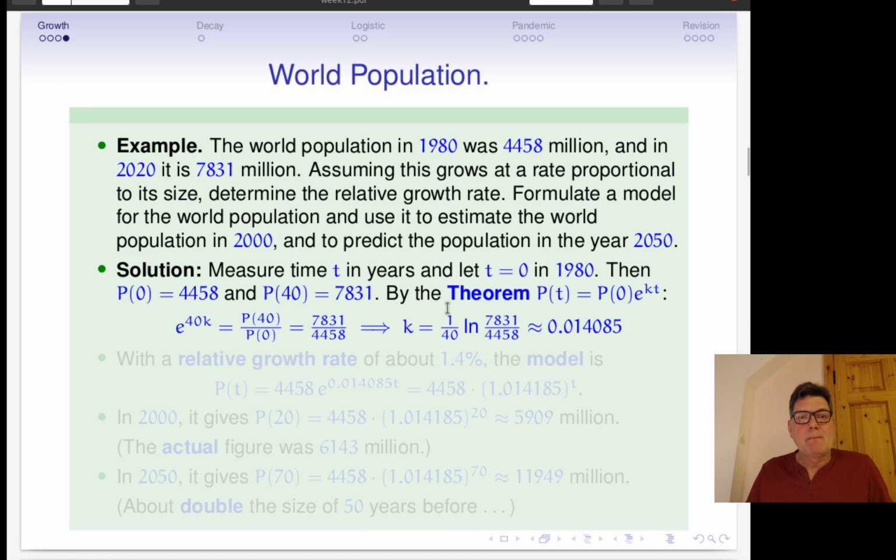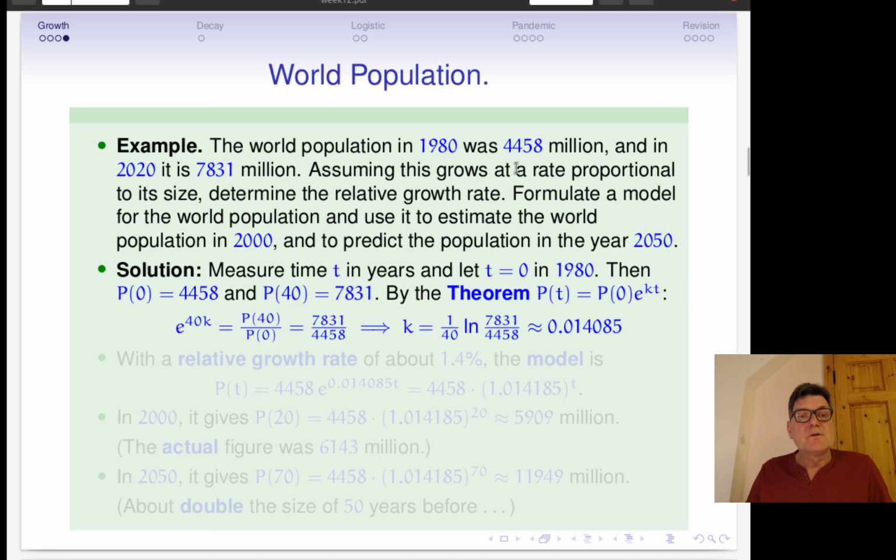Then, by the theorem we just saw, this exponential model is p of t is equal to p of 0, the initial value, times e to the kt. We're interested in finding the value of k, so let's substitute 40 into this equation. Then we have p of 40 is p of 0 times e to the k times 40, which we can write as e to the 40k equals p of 40 divided by p of 0.